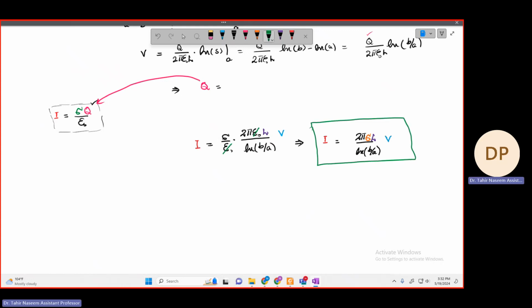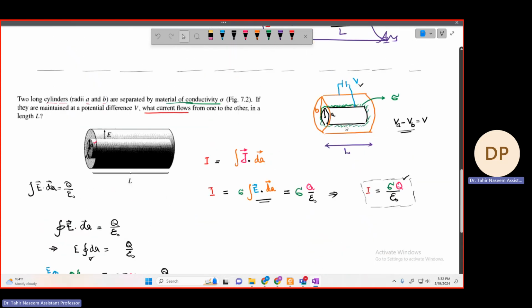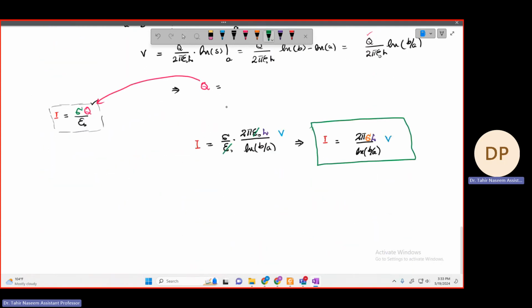Now, if somebody asks, what is the resistance between these two conductors? Conductivity is given, sigma, right? What will the resistance be? Now, according to Ohm's law, V is equal to IR, right? V is this, and this is I, which means whatever we have written here is 1/R. So this is 1/R, right?